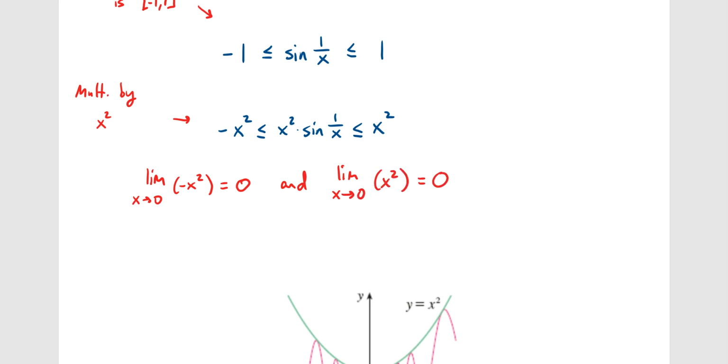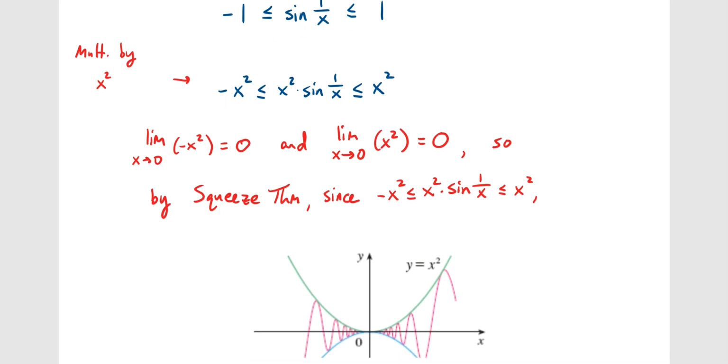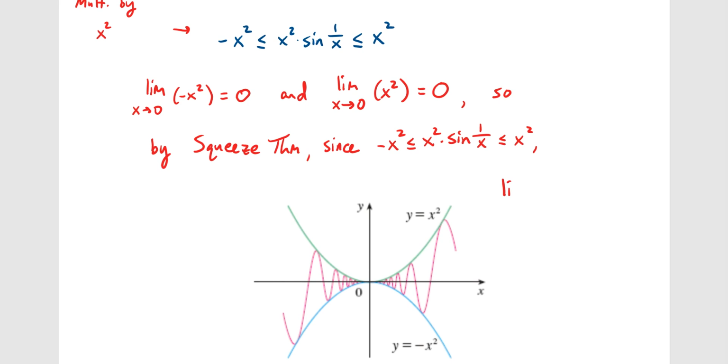That's direct substitution again, so that is also 0. So by the squeeze theorem, since our function is squeezed between -x squared and x squared, we now know that the limit as x approaches 0 of x squared times sine of 1 over x also has to equal 0.